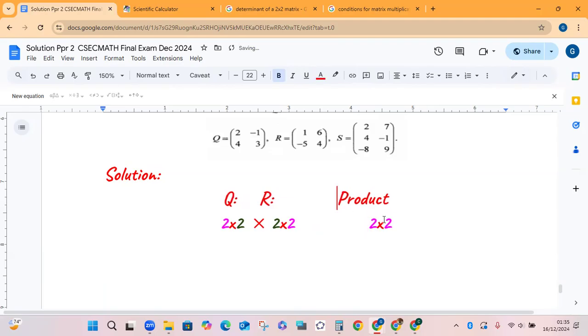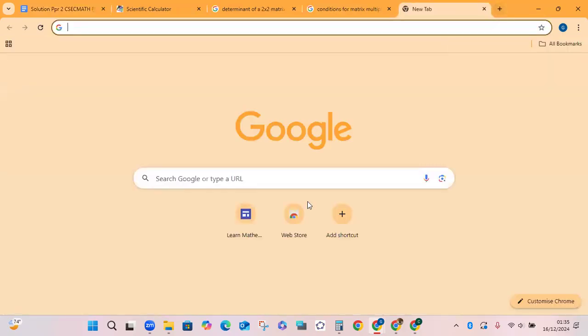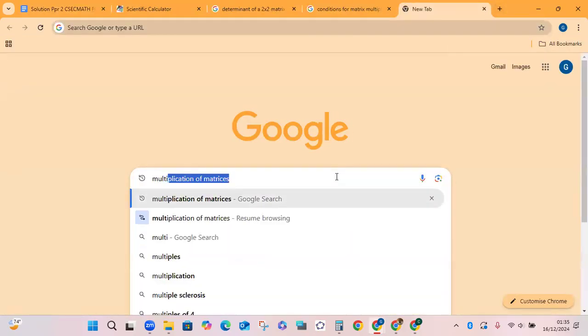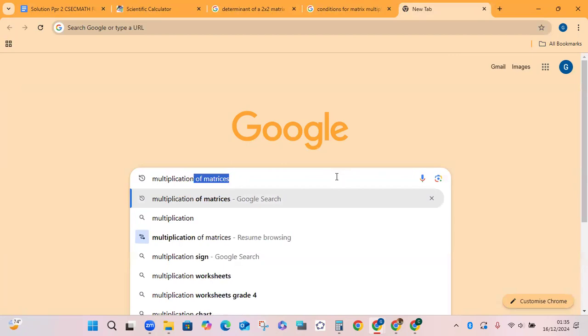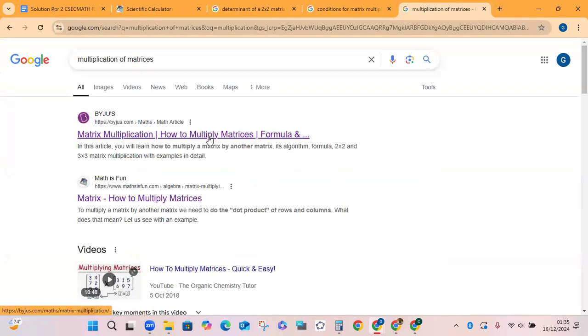Okay. So we are going to make use of the concept of how to multiply matrices. So multiplication of matrices. Let's look this up. How do we multiply matrices?